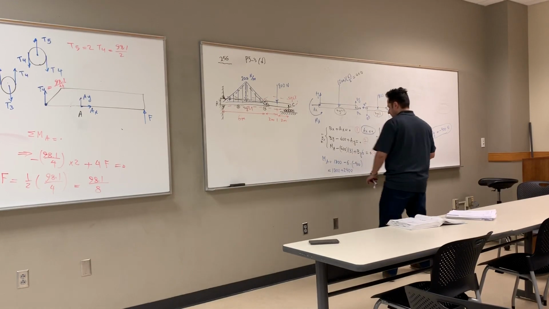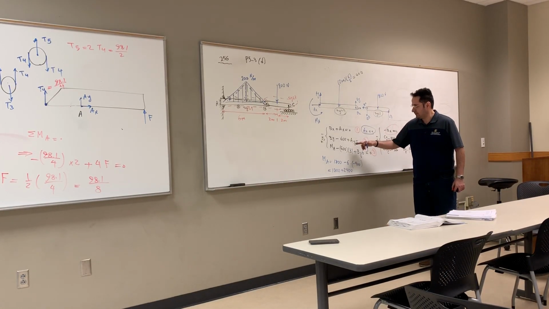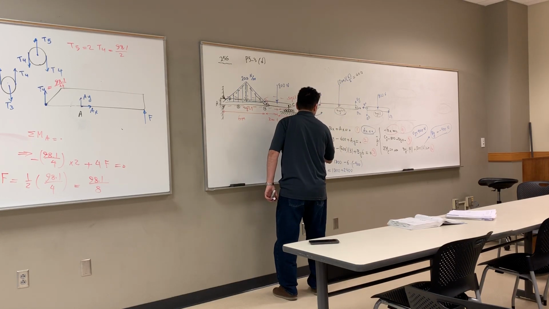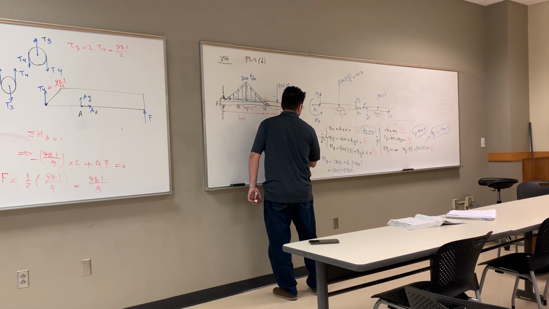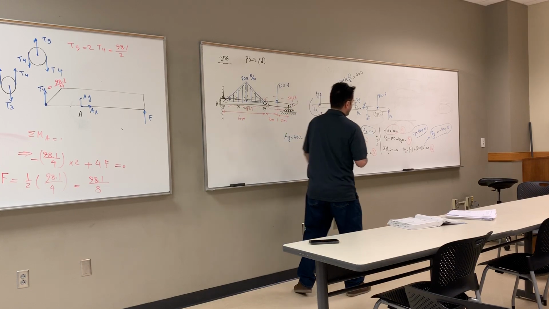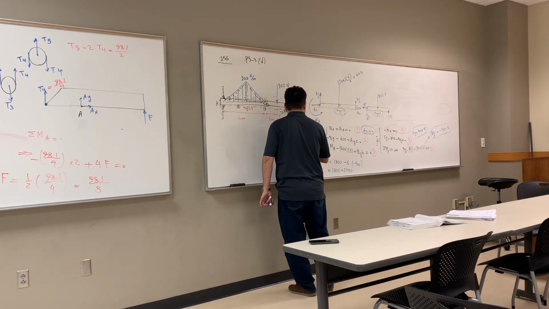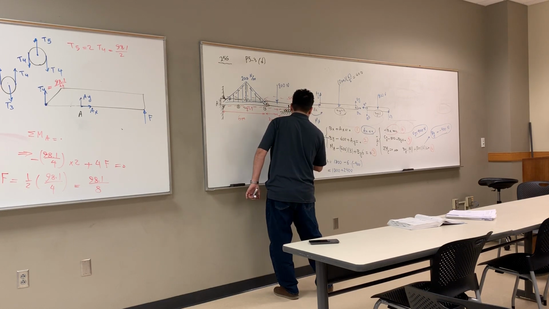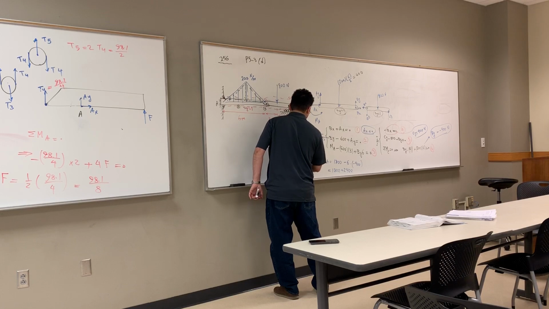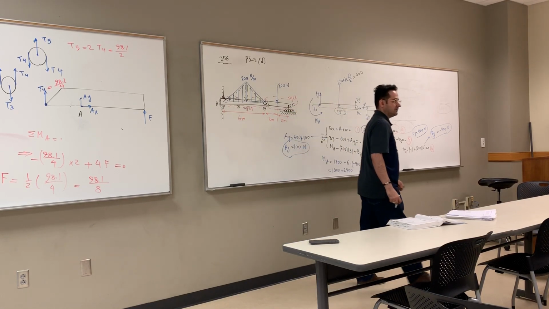So that's MA. What about this guy? AY, we solve this guy. AY becomes 600 minus EY. EY is negative 400, so it's going to be plus 400. So it's going to be 1,000 Newton. That's it.